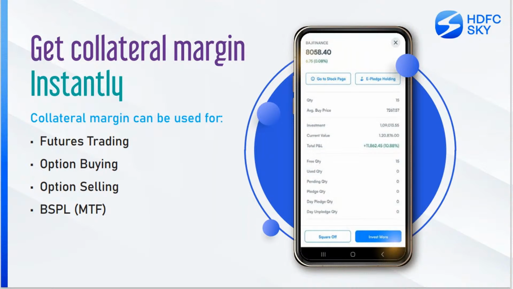You can take futures positions, options buying, option selling, and also trade in BSPLA or MTF, that is Buy Stock Pay Later, with the collateral margin. So that's a very good, interesting feature. You can get collateral margin instantly once you pledge the shares, and trade in derivatives and MTF.